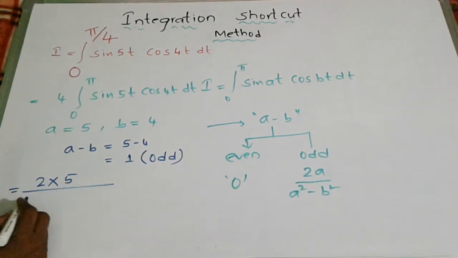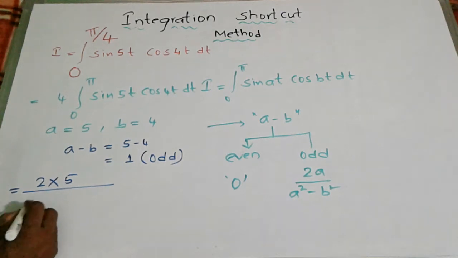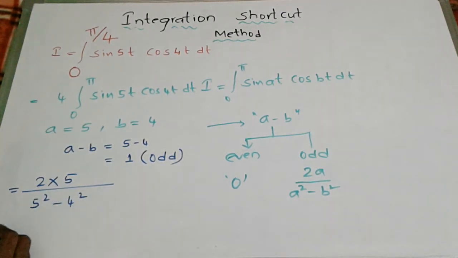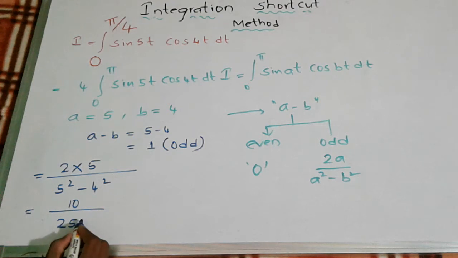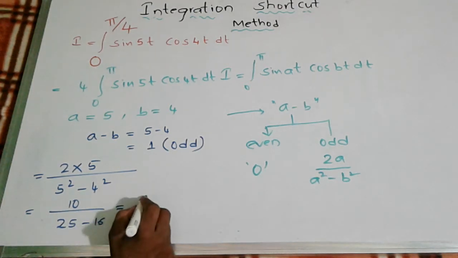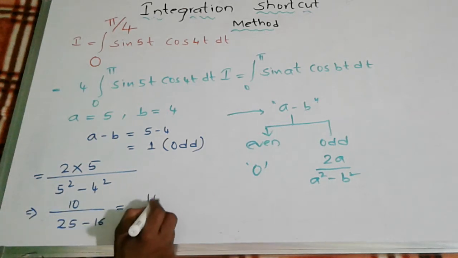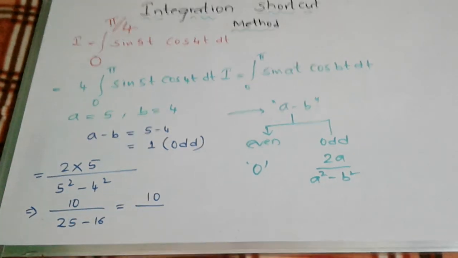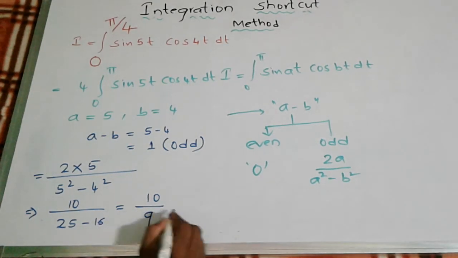So upon 5 square minus b square, that is 4 square. So 10 upon 25 minus 16, right, which equals 10 upon 9. So this is our final answer.